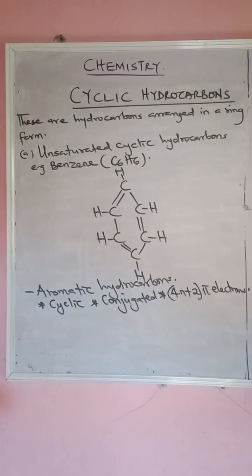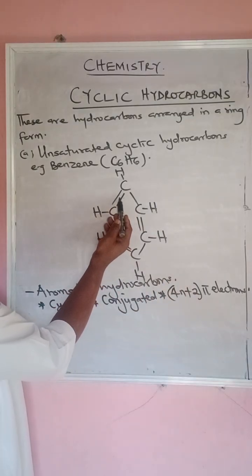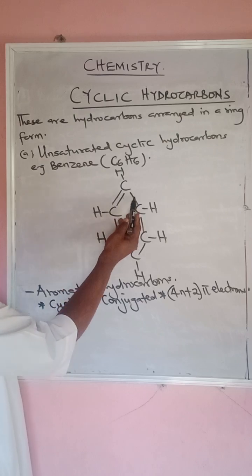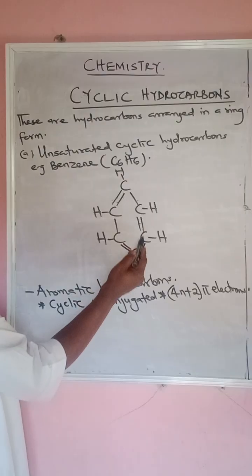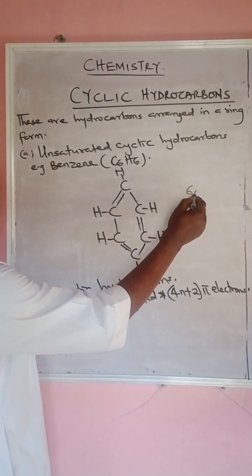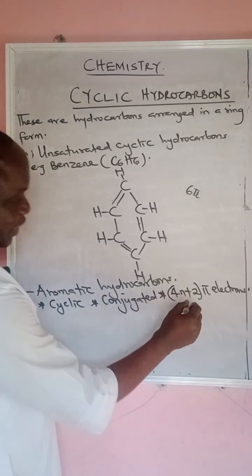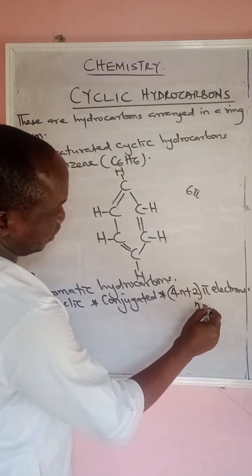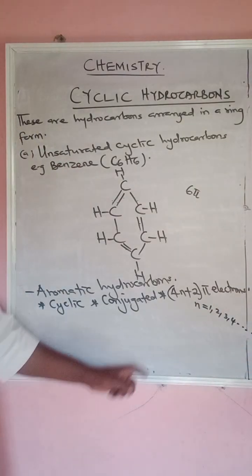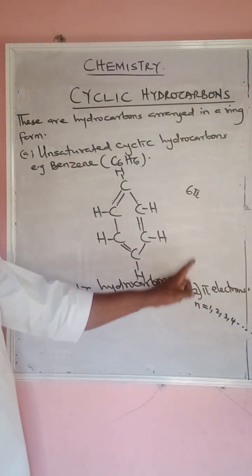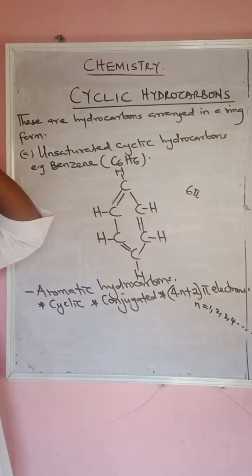When you see benzene, let's see the number of pi electrons here. Anywhere you see a double bond is counted as 1 pi bond, so 1, 2, 3, 4, 5, 6. So it has 6 pi electrons. We are n, starting from 1, 2, 3, 4, and so on. When you put 1 here, it will be 6. But let me put something like 8 pi electrons.